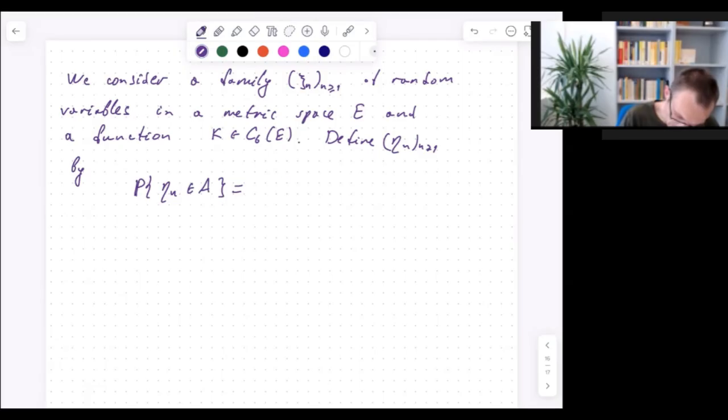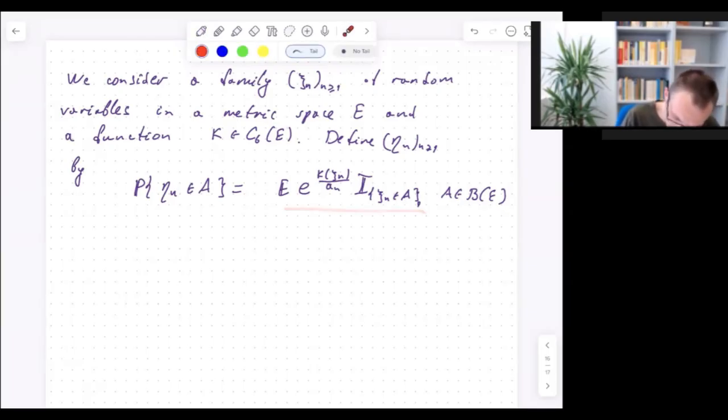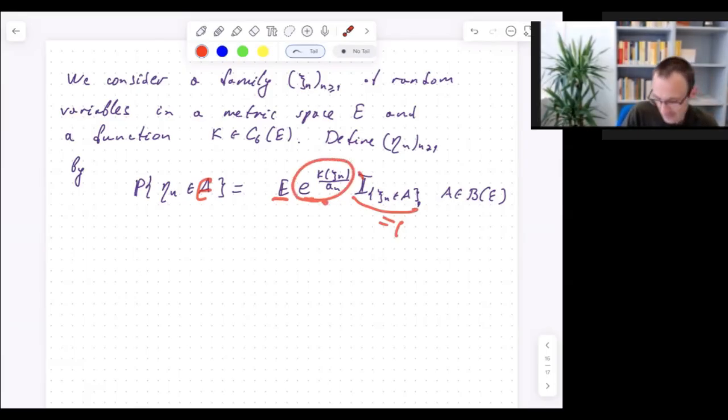It is just the expectation of e to the power k of psi n divided by an, times the indicator that psi n belongs to A, for every Borel-measurable A on the metric space E. And of course, when you write it like this, it may not be a probability measure, because when you take the complete space E, the indicator is equal to 1, and then you have only the expectation of this exponent, which is not necessarily equal to 1.